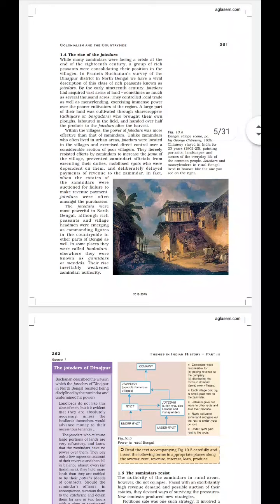Now, when the property was auctioned, someone had to purchase it. Among the purchasers in the auction, the Jotedars were present. In this way, the rich peasants and village headmen got stronger and were known by different names like Haoladar, Gantidar or Mandal. Clear? I hope you have understood.